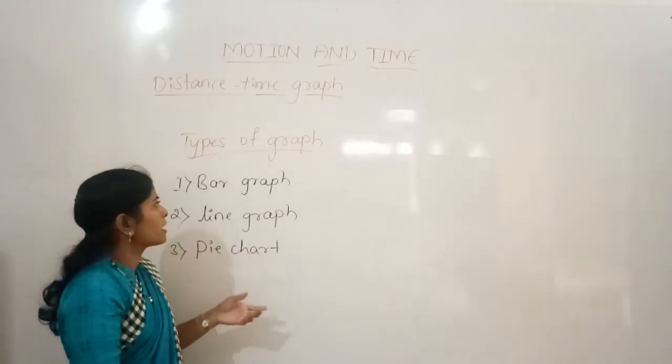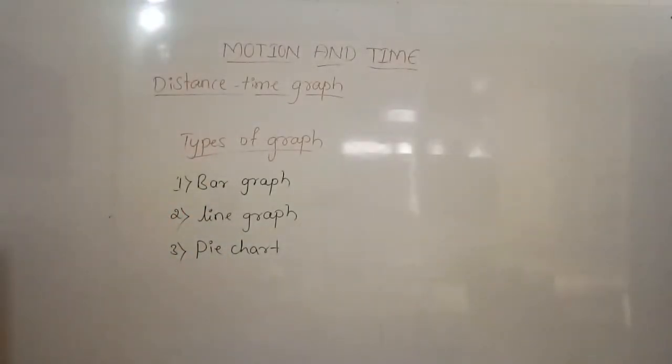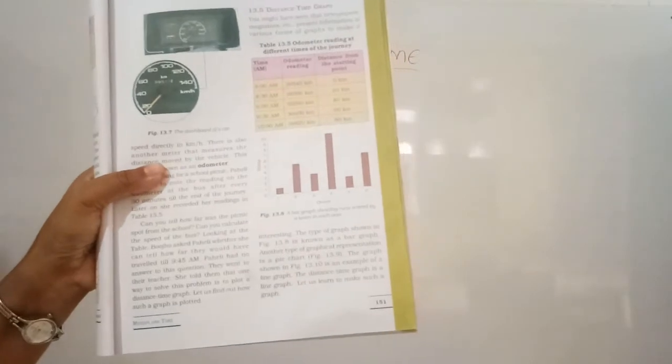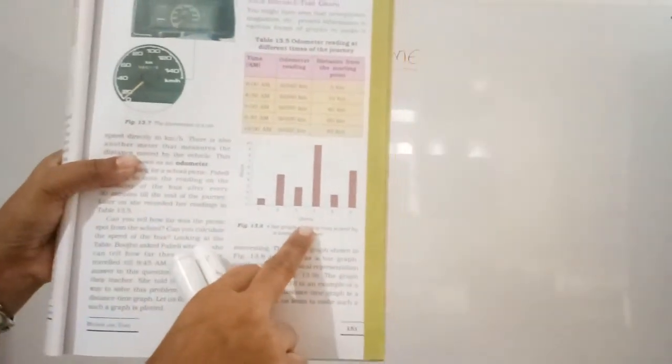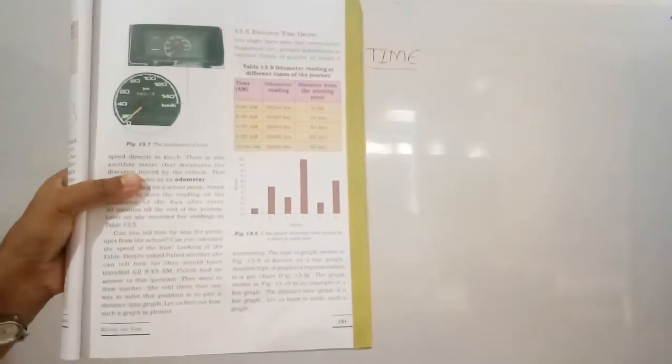For example, if there is a bar graph, one example given in your textbook is runs and overs, a bar graph showing runs scored by a team in each over. Here along the x-axis overs are there and along the y-axis runs are there.